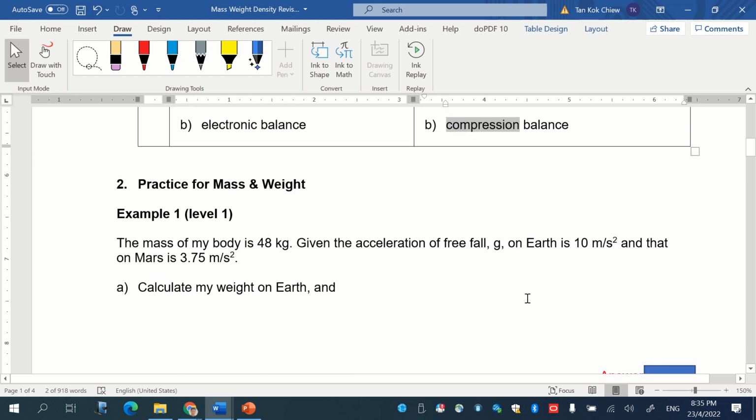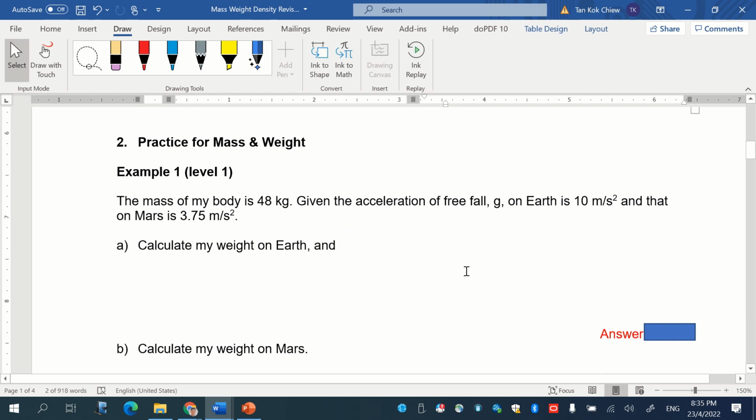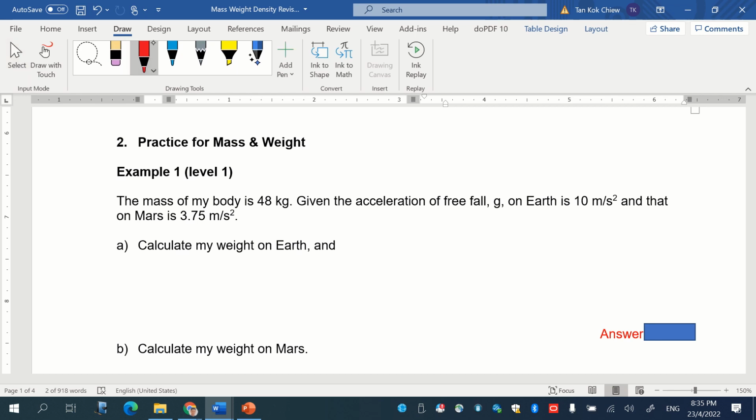Next, let's quickly come to the practice. The basic requirement that you must have for your WA2. First example, I start with level 1. The mass of my body is 48 kg.